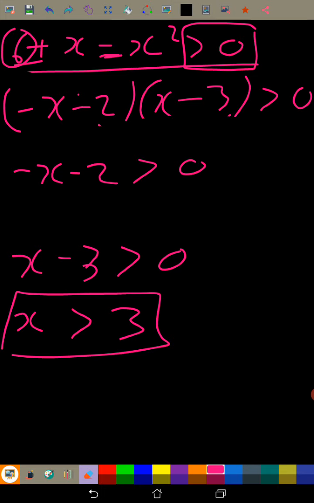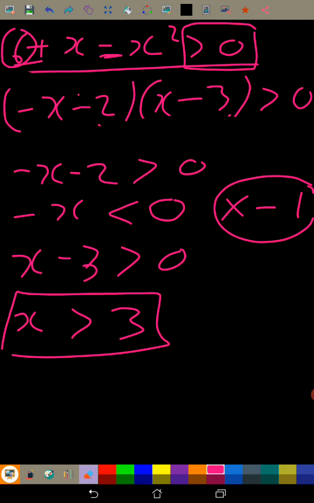Okay, but here it's not so simple. We have minus x. When we send this over there, we have to change sign. And now we have minus here. We multiply by minus. We again have to change sign.